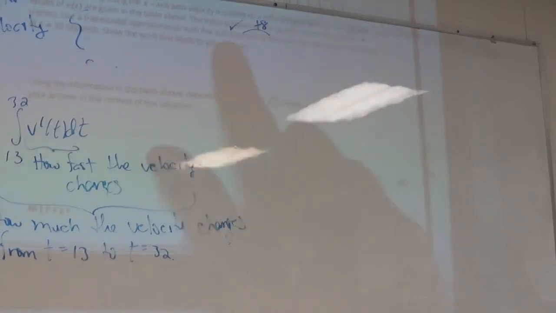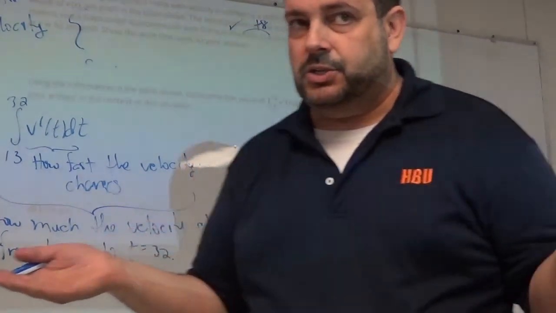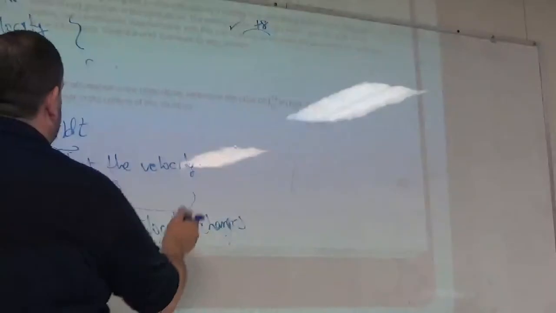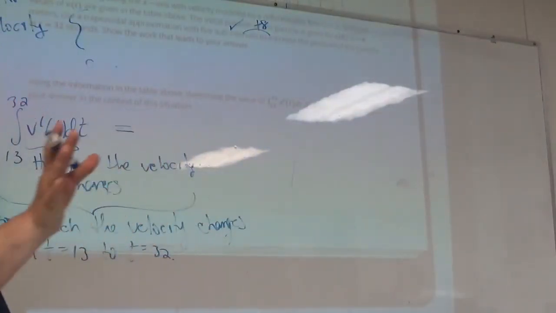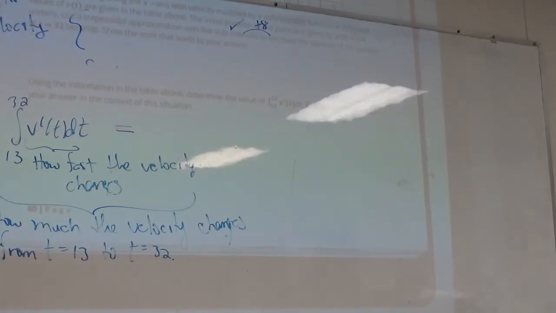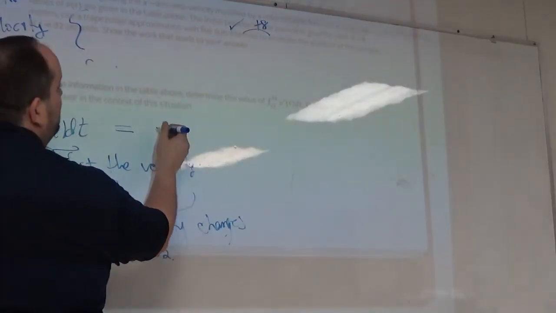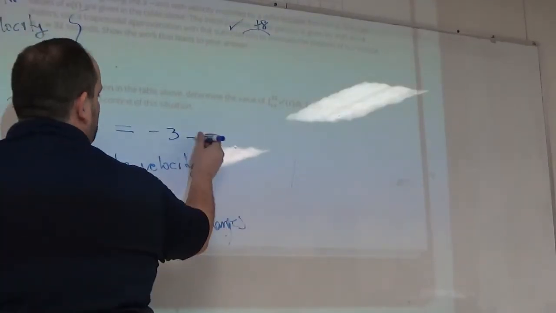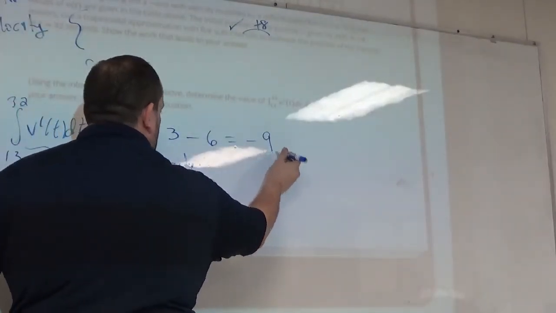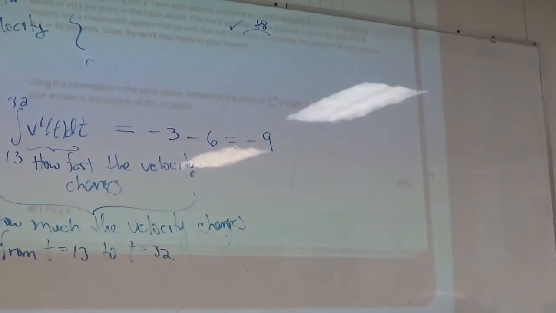How much does it change? How do we figure out change? It's just final minus initial. And I want to be careful because I keep hearing 9. It's not 9. Final, which is -3, minus initial, which is 6. So it's going to be -9.